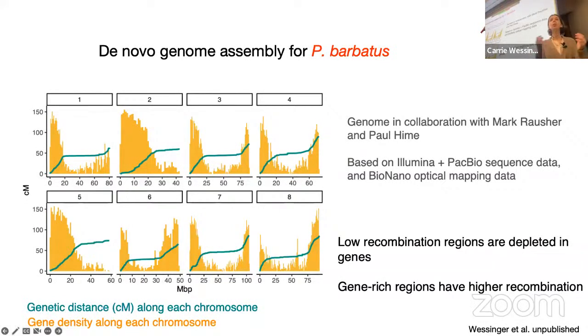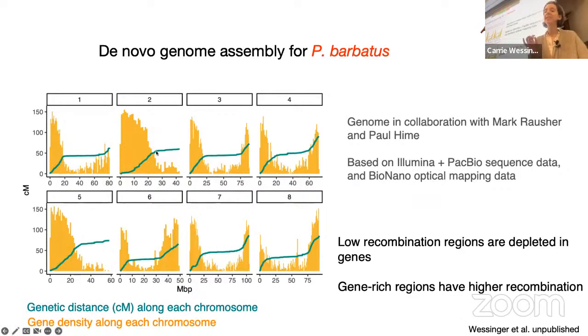This is a chromosome level assembly that's supported by our linkage map from our F2 population. And we see that each chromosome has an extended region of low recombination. These green traces are showing genetic distance in centimorgans as a function of physical distance in megabases, and these plateaus are the regions of low recombination.